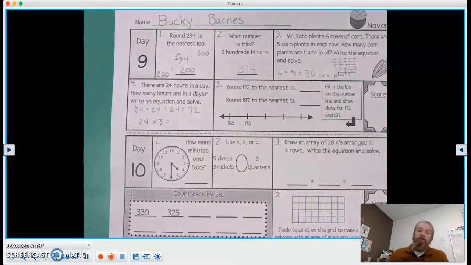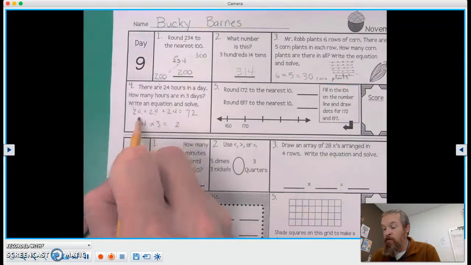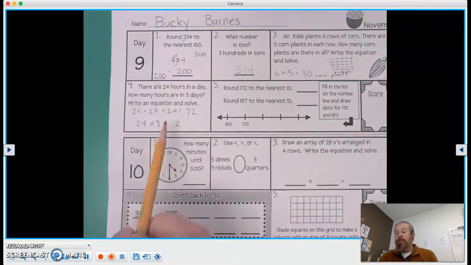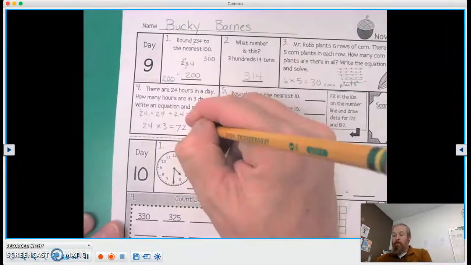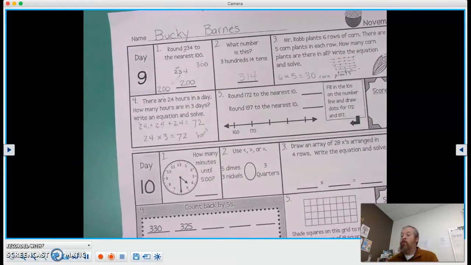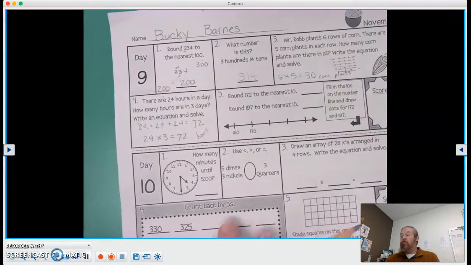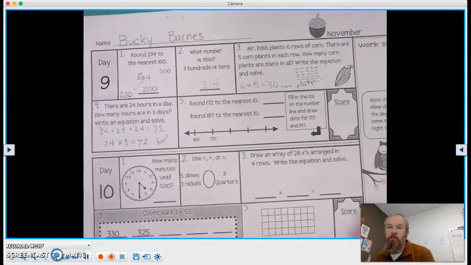Or 24 times 3. 3 times 4 equals 12. 3 times 2 is 6, plus 1 more is 7. Either way, 72 hours. So remember, really multiplication is repeated addition, right? It's kind of like the shortcut. We talked about that. It's like a little bit of a shortcut.